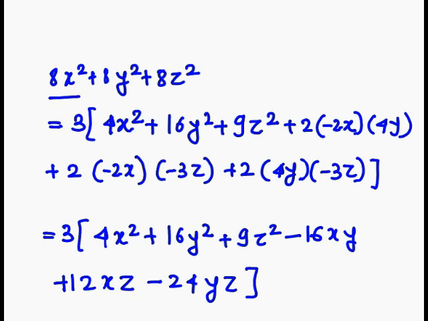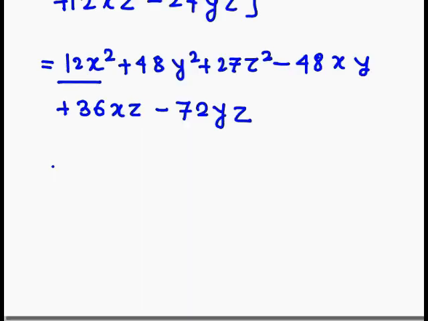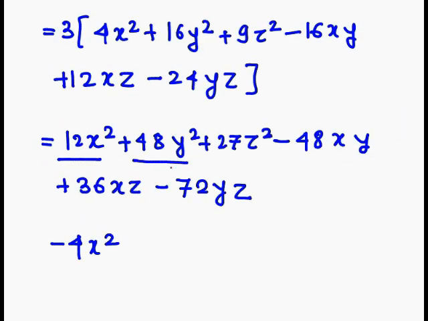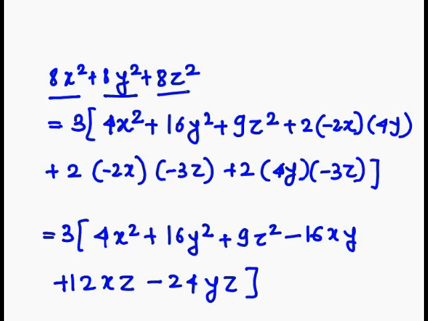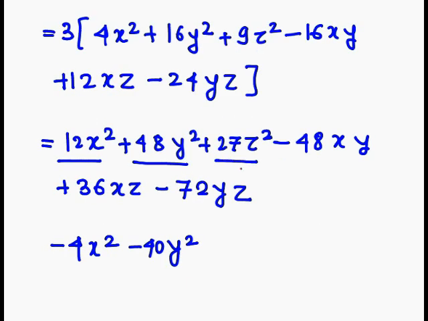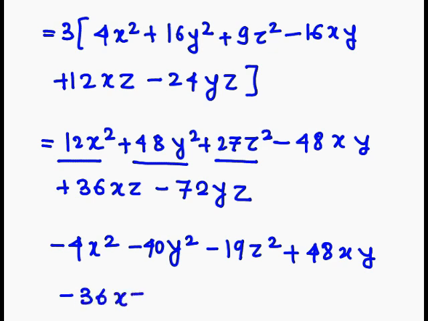So 8x square minus 12x square, we get minus 4x square, 8y square minus 48y square, we get minus 40y square, 8z square minus 27z square, we get minus 19z square, and all the remaining terms with the minus sign, the sign gets changed, so we get plus 48xy minus 36xz plus 72yz is equal to 0.